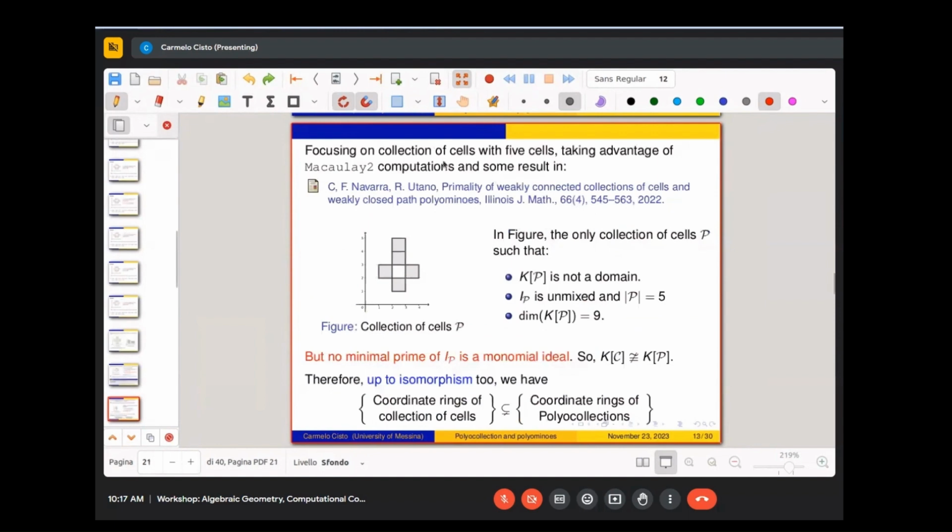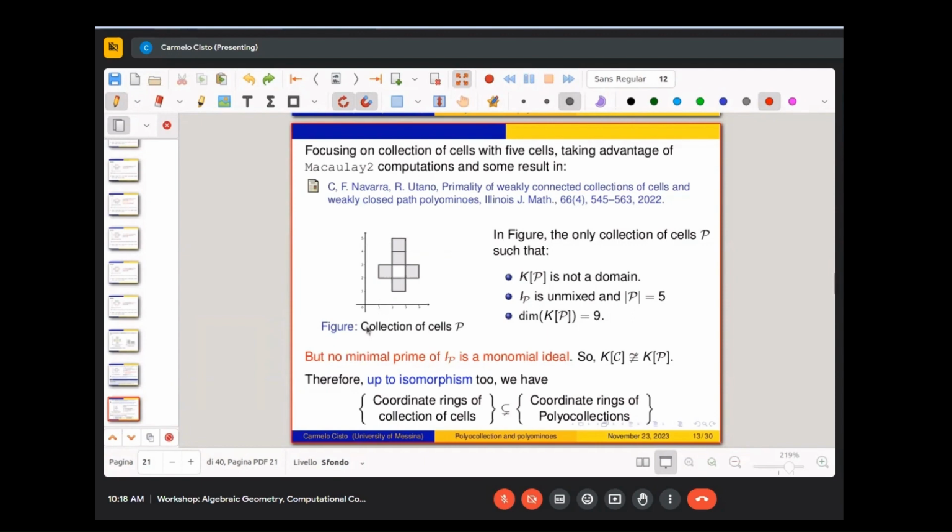But again, using Macaulay2 and some other tools developed in this paper with Francesco Navarra and Rosanna Utano, we can argue that the only collection of cells having 5 cells, being unmixed, with coordinate ring not a domain and Krull dimension 9, is the collection of cells in the figure.